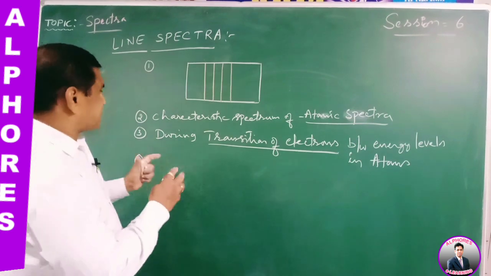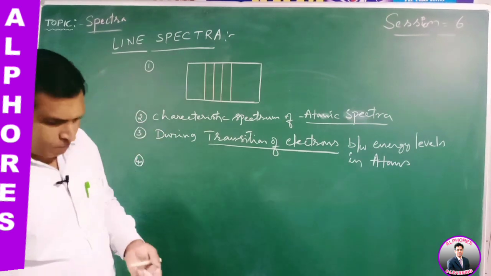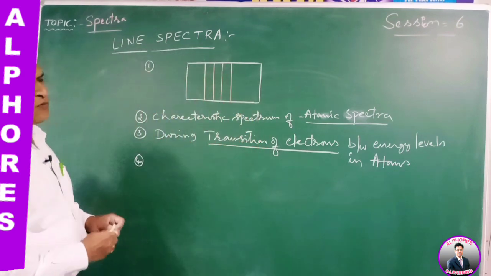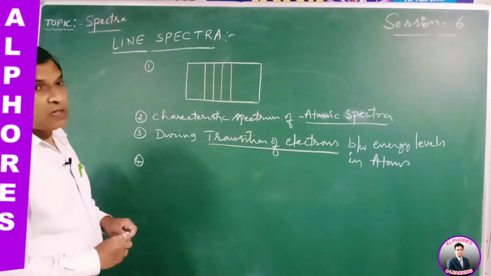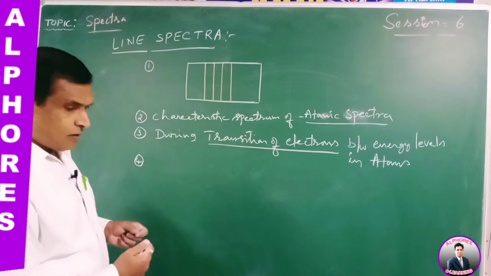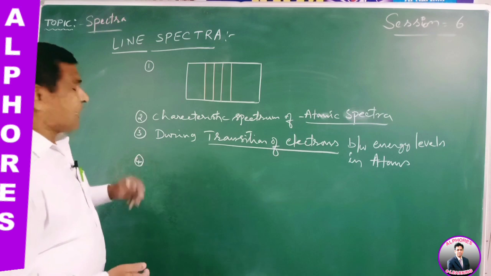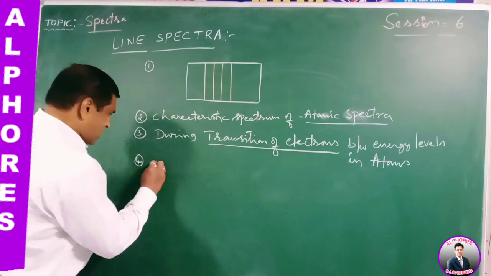What substances can produce line spectra? Line spectra is obtained from hot atomized metals and gases like inert gases.